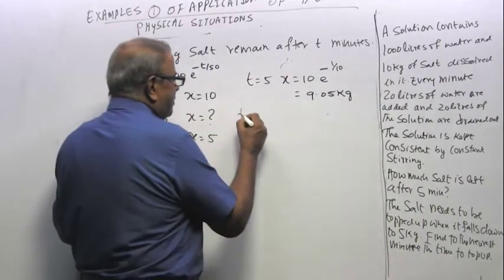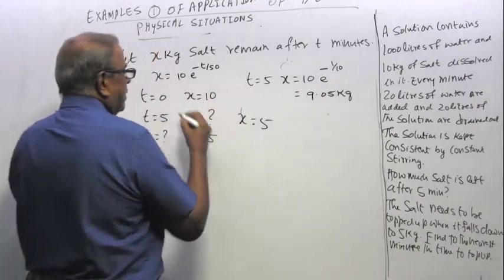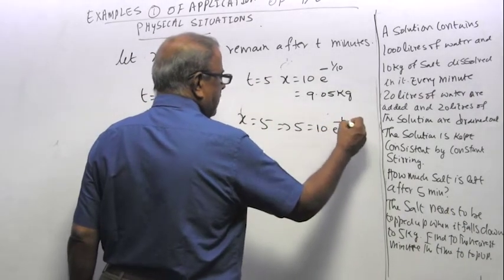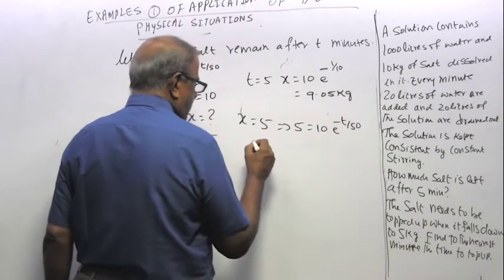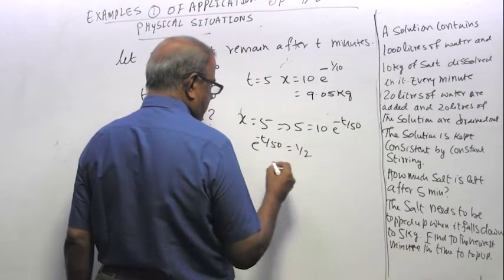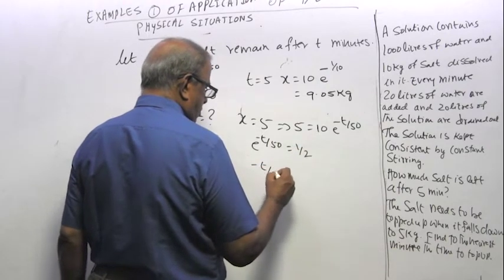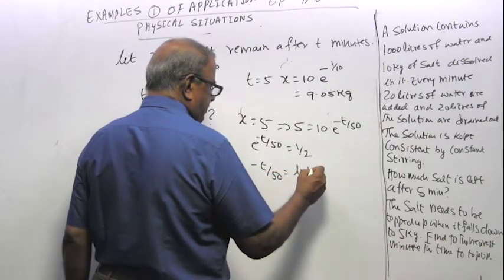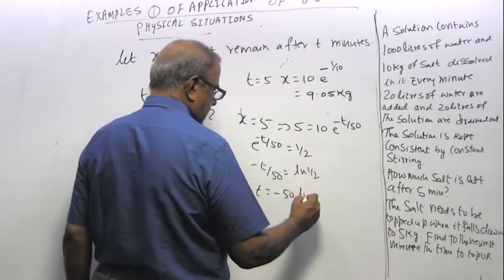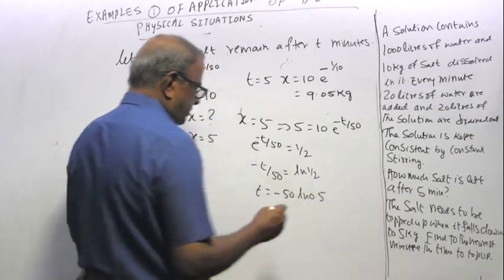Now put x equal to 5. So I get 5 equal to 10 e to the power minus t over 50. So e power minus t over 50 is equal to half. So minus t over 50 equals ln half. So t equal to minus 50 ln 0.5.